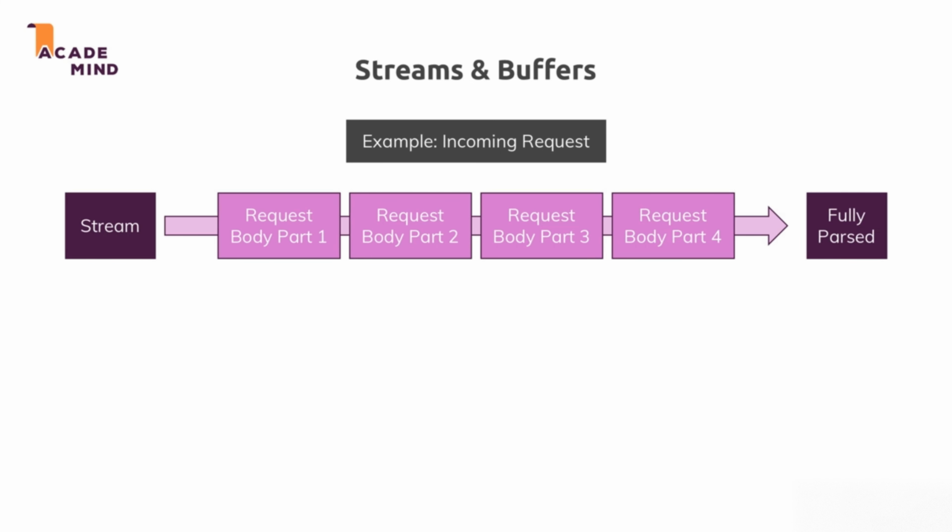Now, for a simple request like the one we're working with, this is not really required. We only got one input field data. It doesn't take so long to parse that. But consider a file being uploaded. This will take considerably longer.